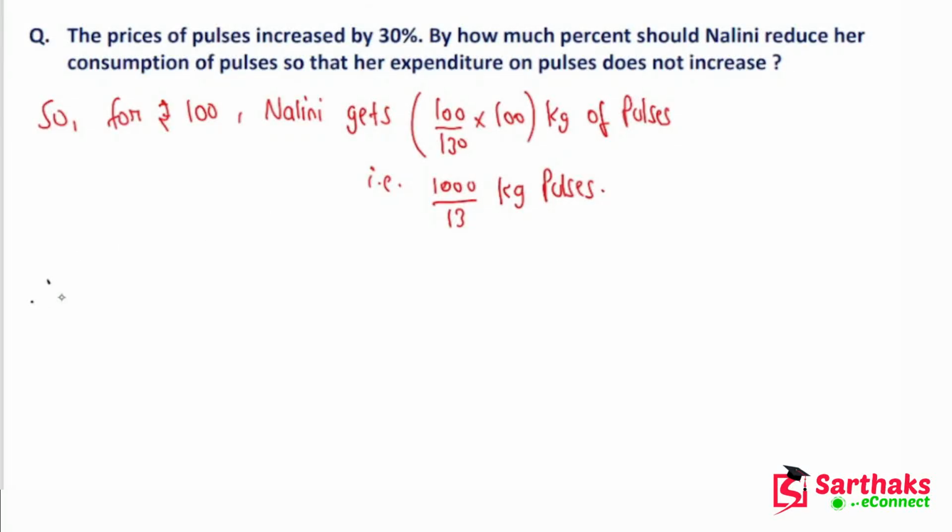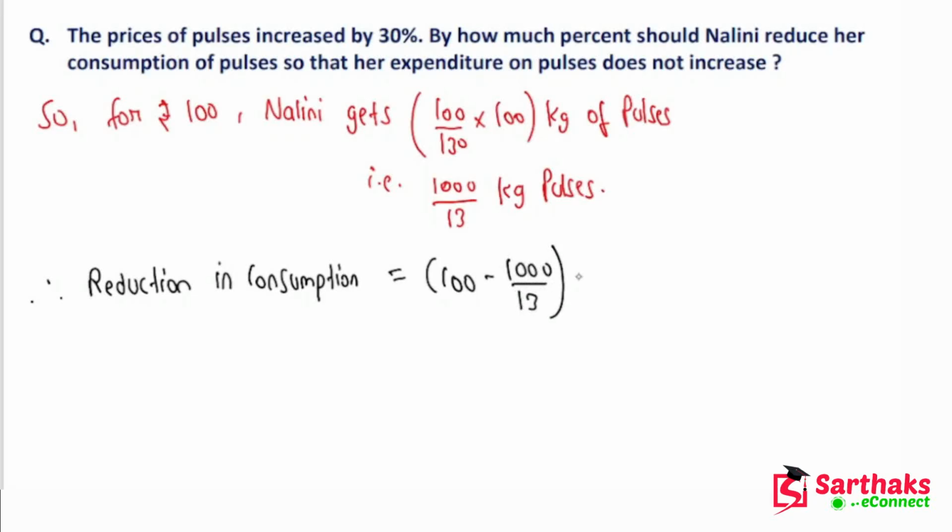Therefore, since you have calculated everything on 100, you can directly calculate the reduction. No need to use the percentage decrease formula. So reduction in consumption is equal to 100 minus 1000 by 13%.